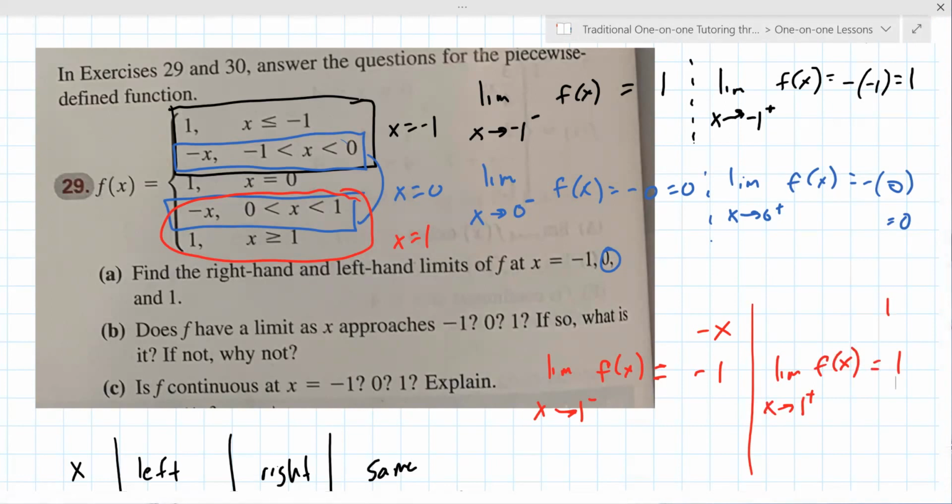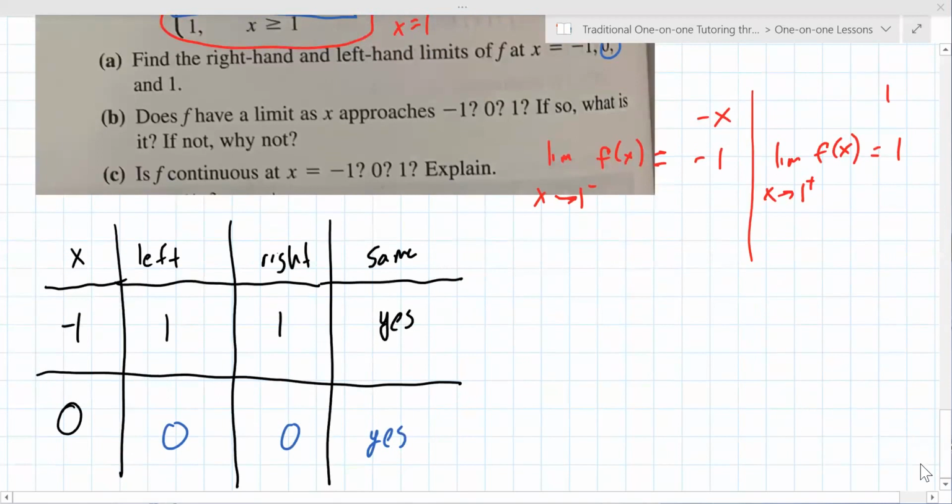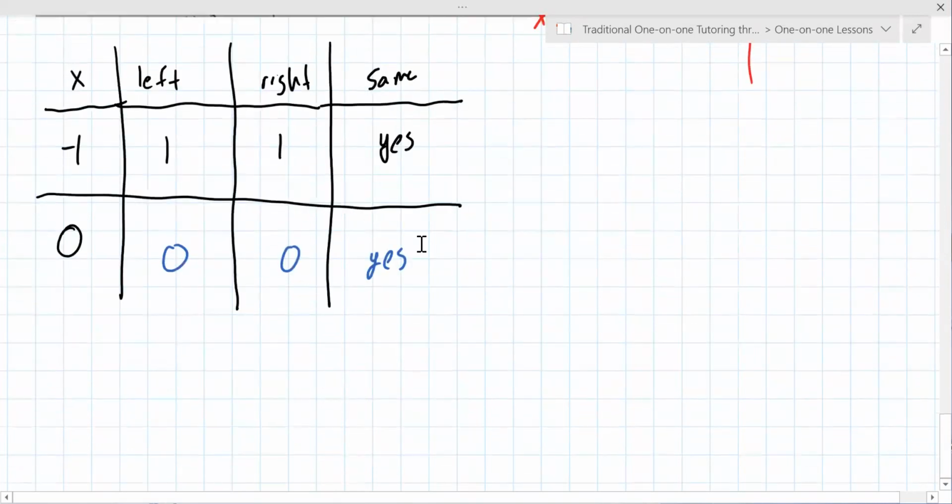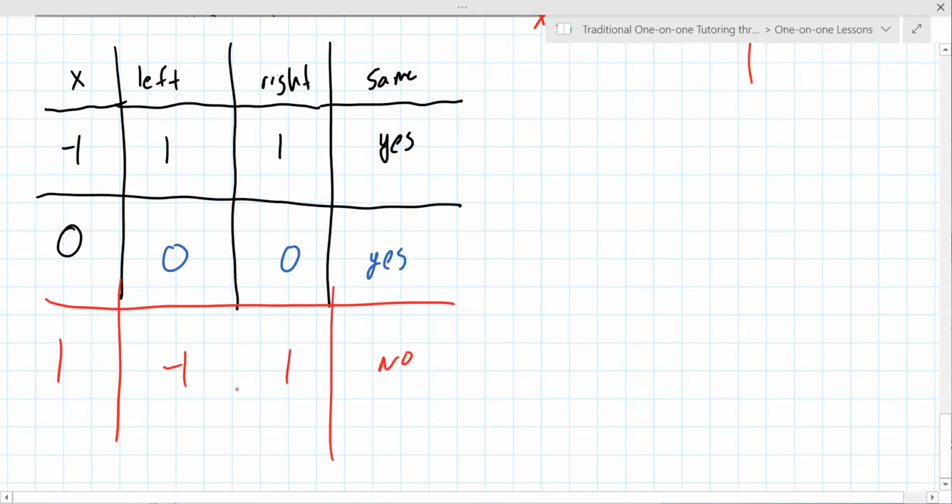So they're not the same this time. So let's talk about what happens at 1. We can use the table here. We actually need more than this, but maybe I'll revise the table. No, they're not the same.